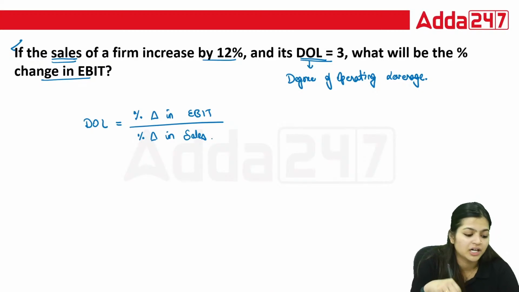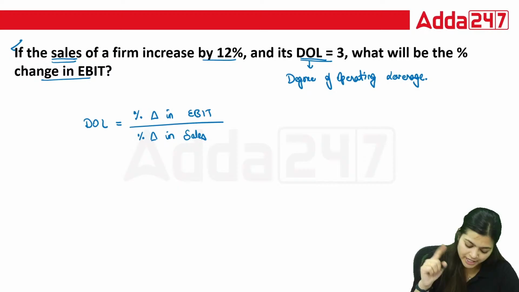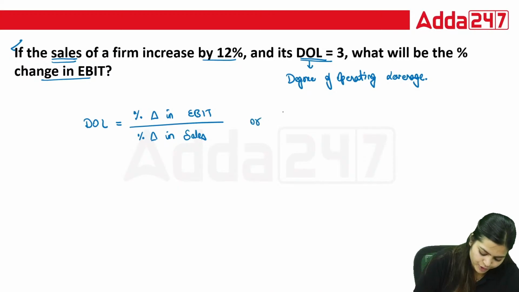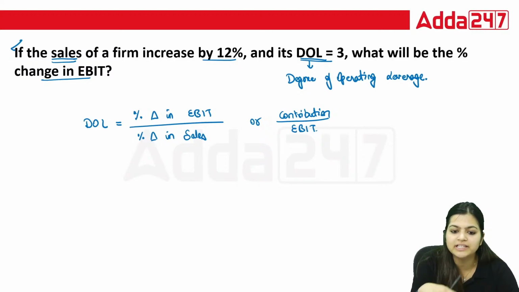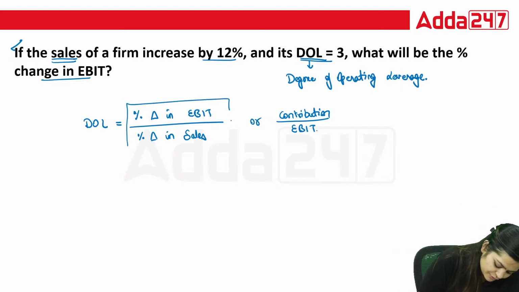This is the formula you need to apply when you're calculating degree of operating leverage. You have one more formula, that is contribution divided by EBIT. But in this question they have given the data for percentage change in EBIT and percentage change in sales, so that's why we are using this formula.